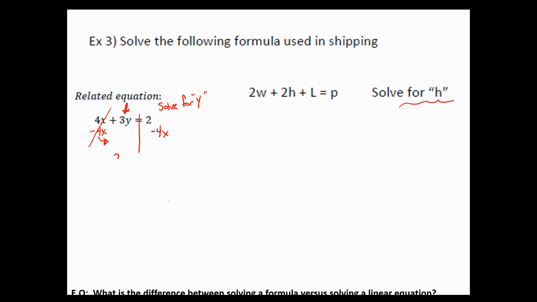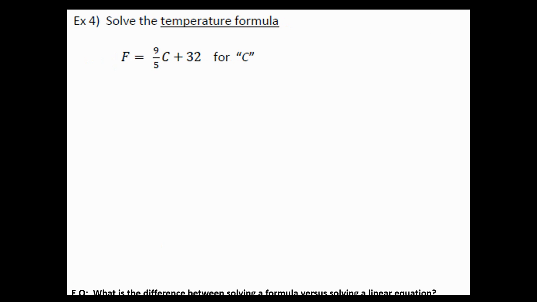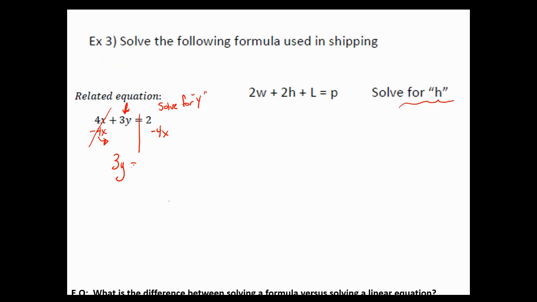This would cancel. 3y would come down. You can't combine something with an x with a 2. These are not like terms, so you just bring them straight down. And then you would divide on both sides by 3.